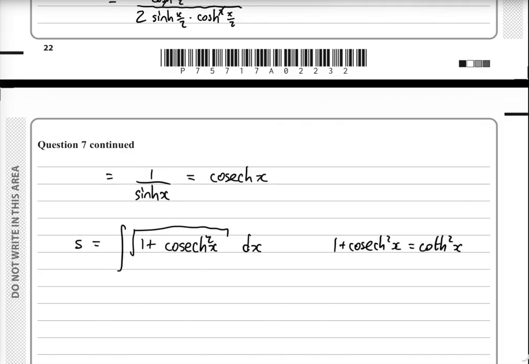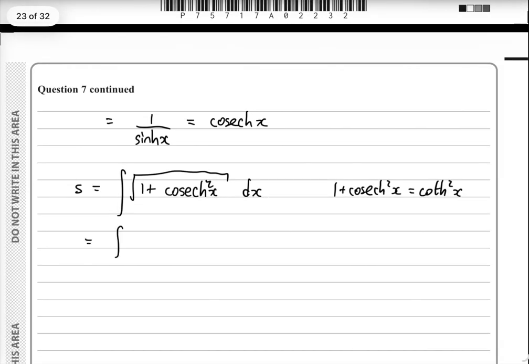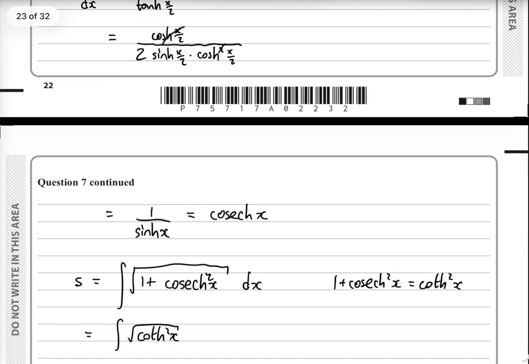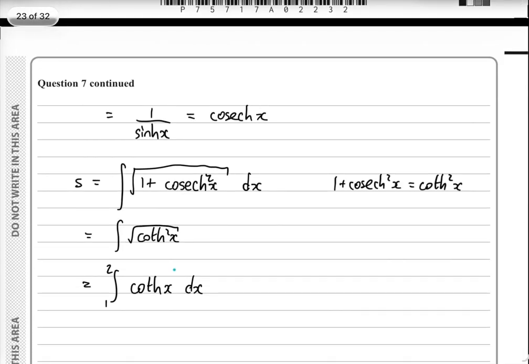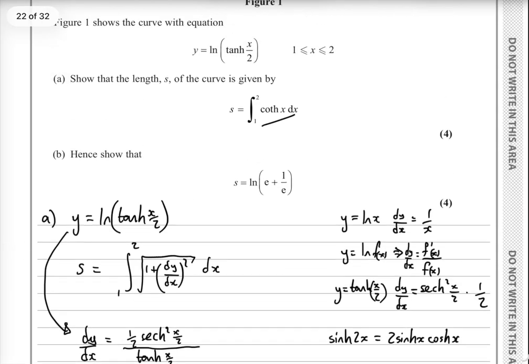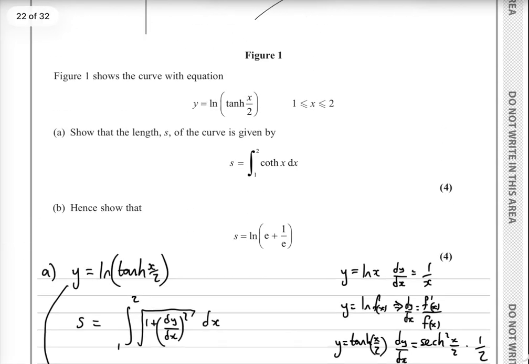So at this point it just naturally falls out of the situation. We've got this, which gives us coth x, not x over 2. And our limits are still 1 to 2. And there we go. Part A, easier than I thought it was first time round.